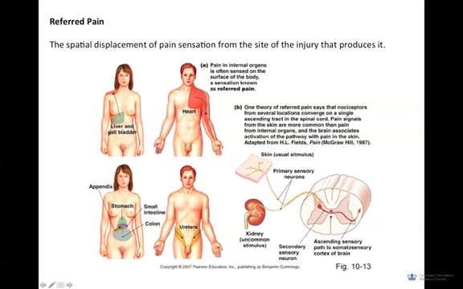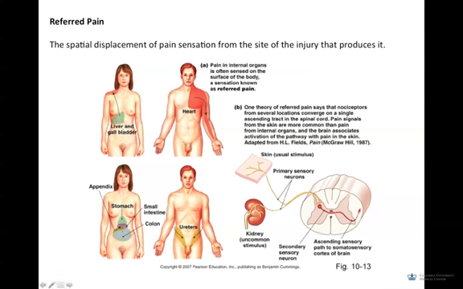Okay. The colon we can feel in the middle of our abdomen, the small intestine we feel in the epigastric region, the stomach in the epigastric region. So we have a fairly predictable pattern of referred pain for different types of visceral pain.